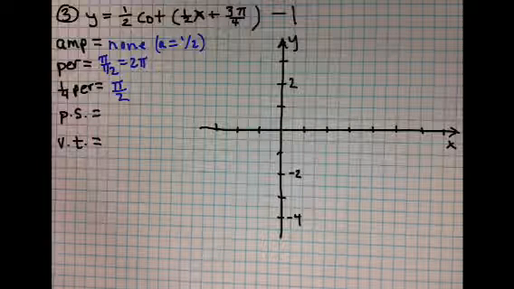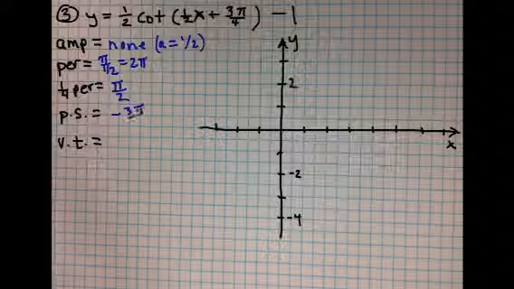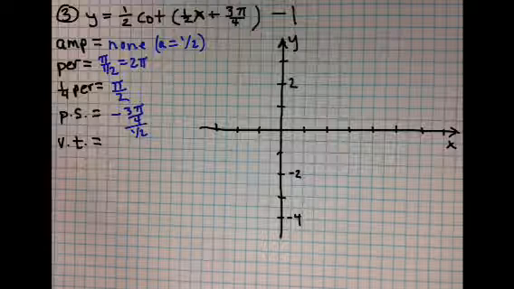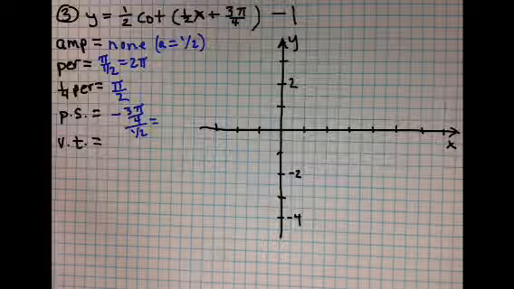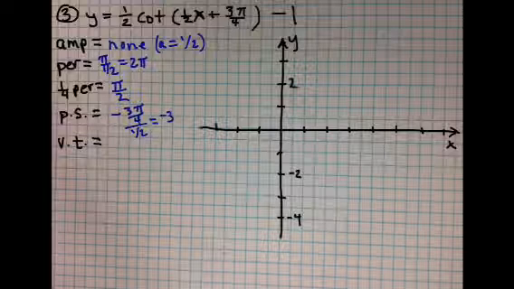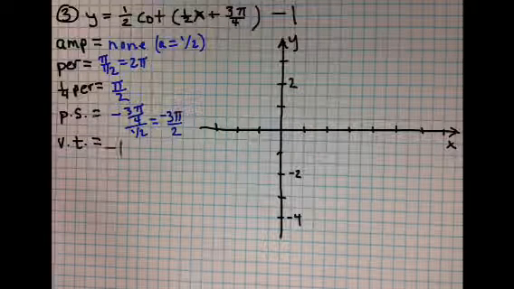The phase shift is negative 3/4 pi divided by 1/2. So that simplifies, multiply both top and bottom by 2, to negative 3 pi over 2. Okay, vertical translation 1 down.